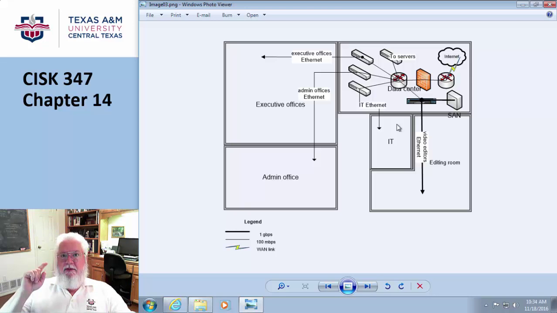So the first question is, what the heck is this thing supposed to do? The second question is, how the heck am I going to do that? And the third question is, what do I need to buy to pull that off? So here's where you actually pick the technology. I go in there and say, I think I'm going to use category 6 cable. I think I'm going to use this particular type of cabling or this particular type of switch.